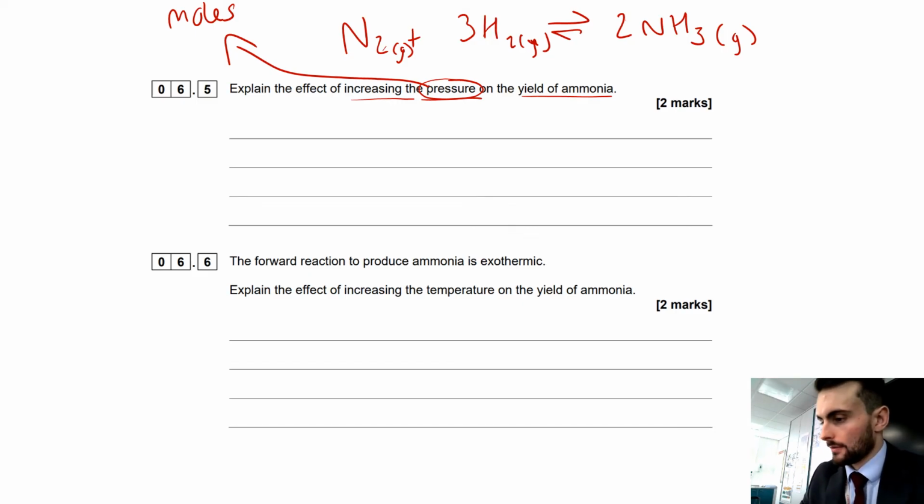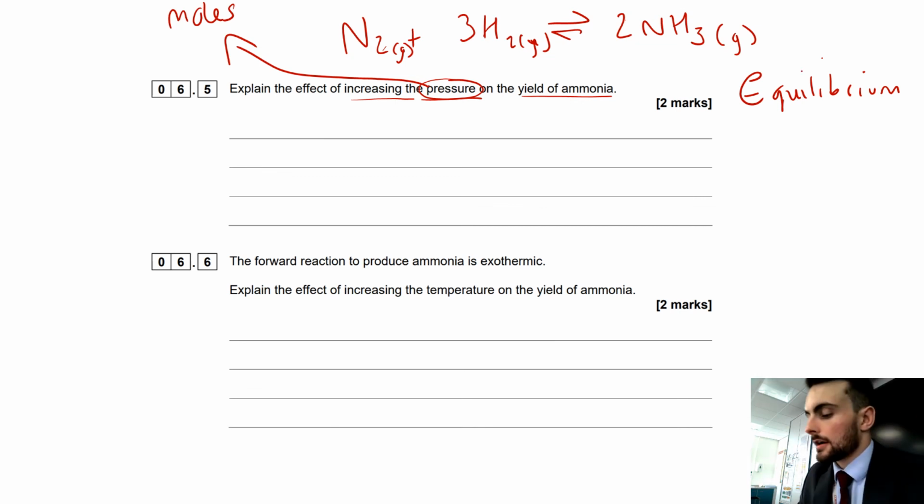Now, if you remember when we were talking about an equilibrium reaction, as a reminder, it's the kind of reaction that has the forward reaction happening at the same time and at the same rate as the reverse. And if you remember, it's like an angry teenager, so whatever you do to it, it will always do the opposite of what you are doing. So you look at when a change is happening in conditions, which direction of the reaction does that favor, then the equilibrium will make it do the exact opposite.